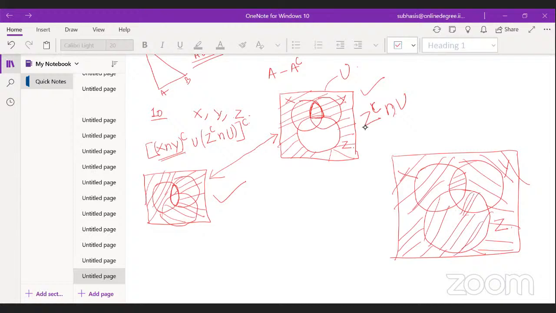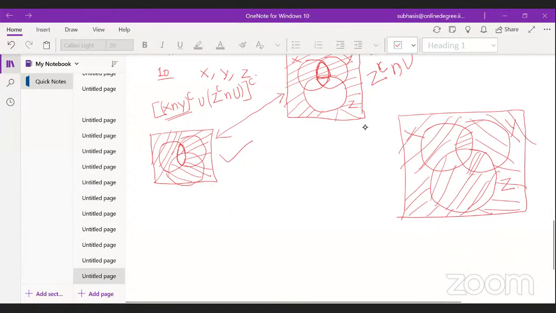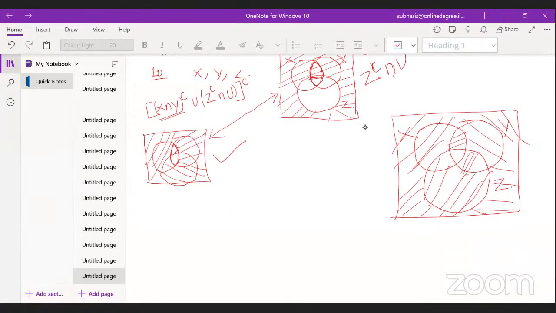But this region is not in Z complement intersection U, and also that particular region is not in your X intersection Y complement. So the union is basically all the things except this particular region.